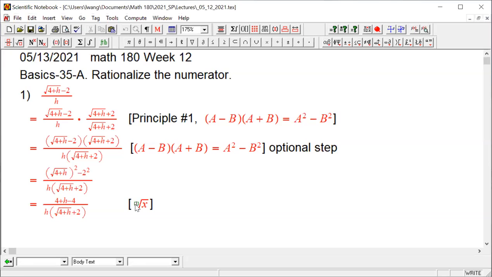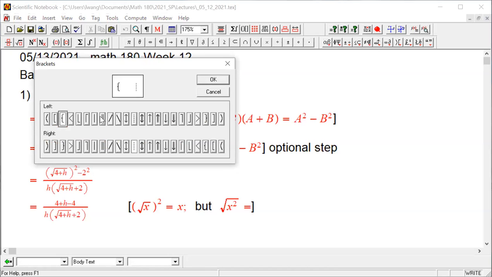If you have square root of x and you open parentheses, root of x, and you square it, it equals x. But if you have x squared, that equals the absolute value of x.